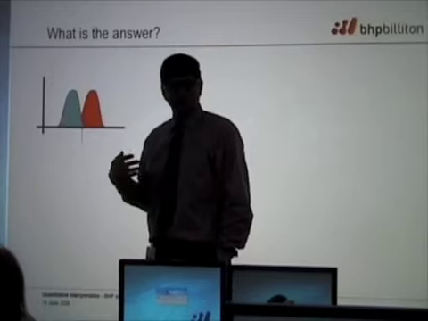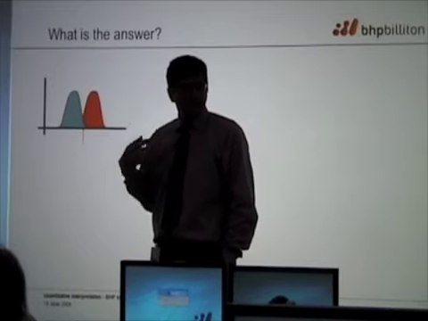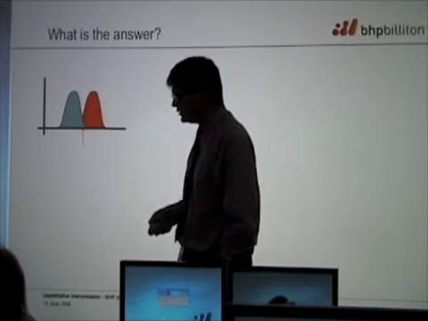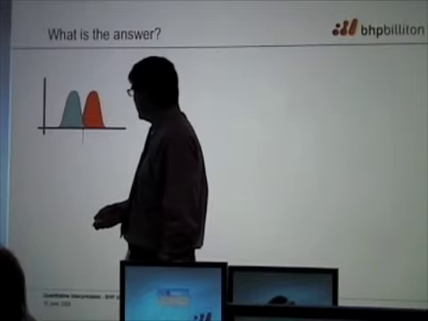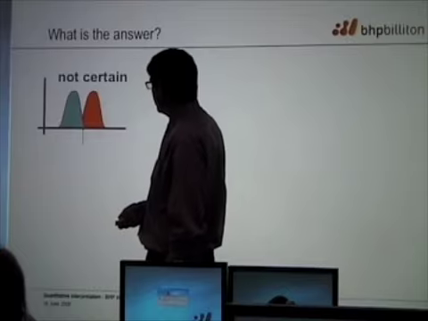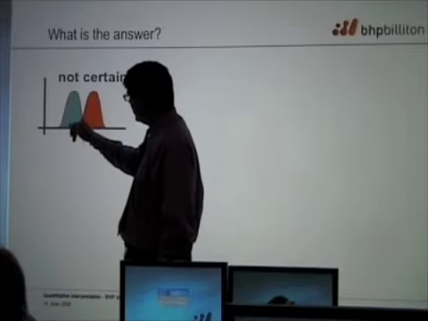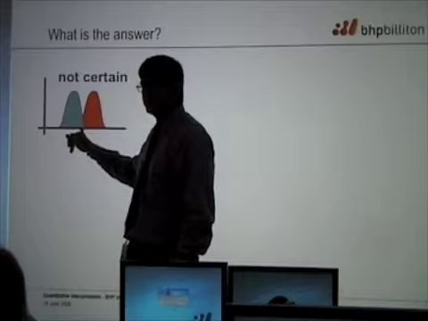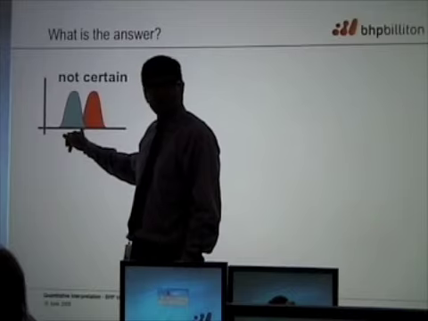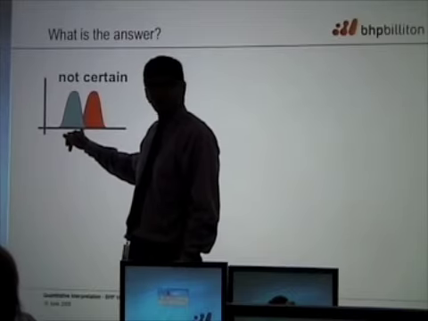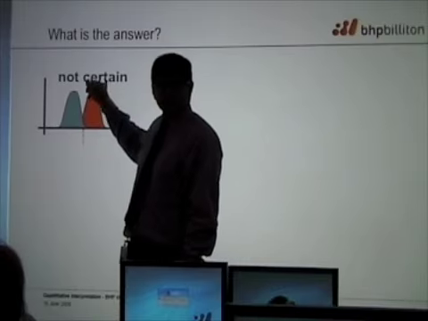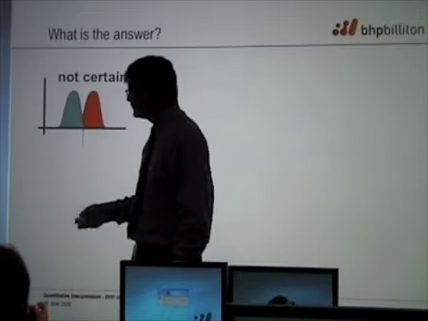Or is it uncertain to tell the difference between the two? In this particular case, it's not certain because the size of the stick for both of these is equal, even though it's small. So you would say that this is a not certain case, okay?